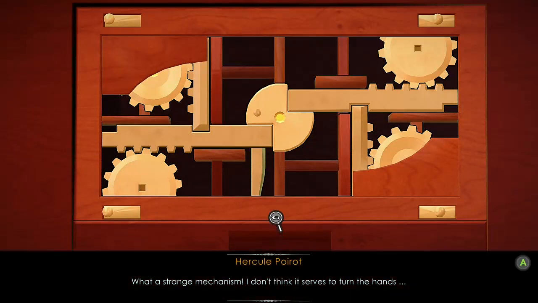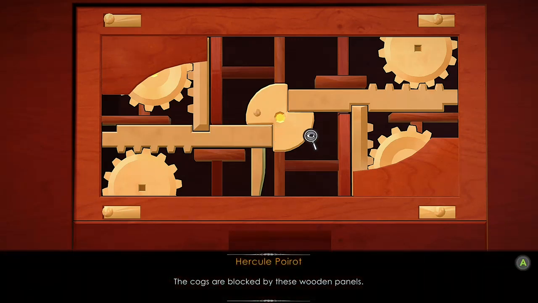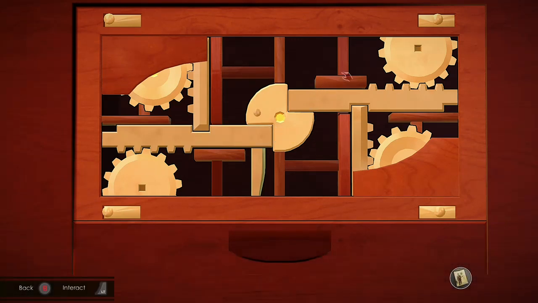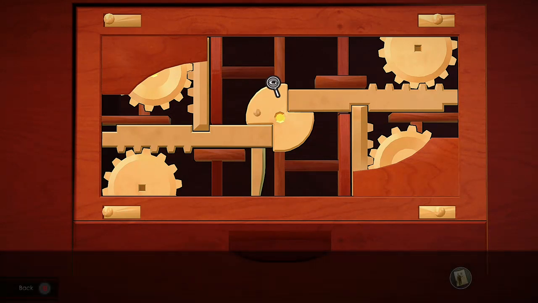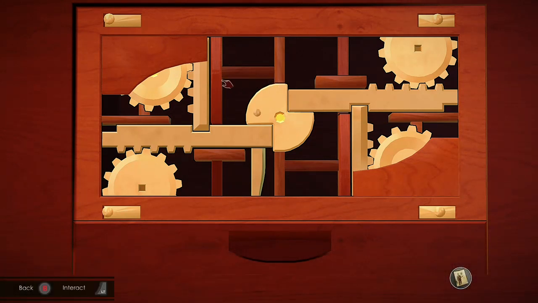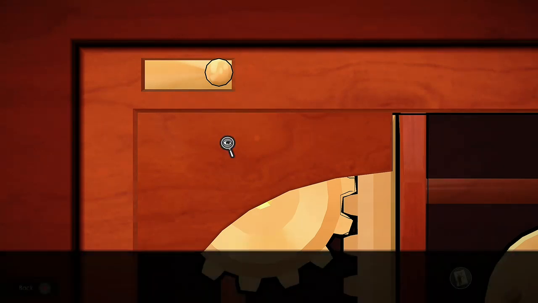What a strange mechanism. I don't think it serves to turn the hands. The cogs are blocked by these wooden panels.